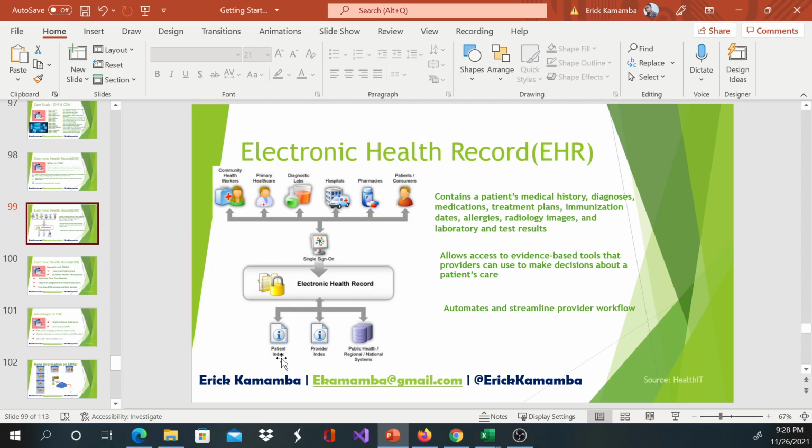Okay, and then in here, patient can access the information, provider can access patient information, and it can either be in one system or separate individual systems, but connected somewhere. Okay, so if you go to the hospital, maybe they may have multiple systems. If you go to their pharmacy, they're gonna have a different system. If you go to a doctor's office, they're gonna have a separate system.